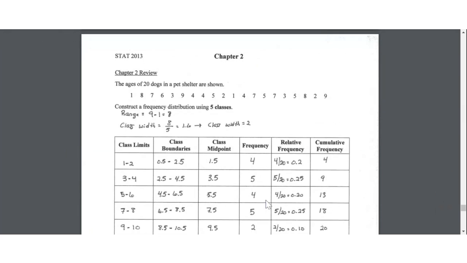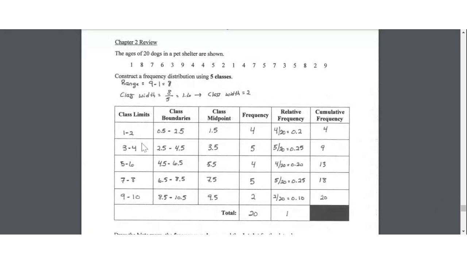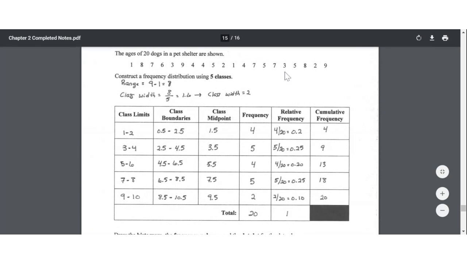So then we want to create a frequency distribution. The lowest number we had was 1, so that's going to be our starting point. To find the lower limit of the next class, we take 1 and add the class width, so 1 plus 2 is 3. And to find the upper limit of this one, we take 3 minus 1, and it equals 2.